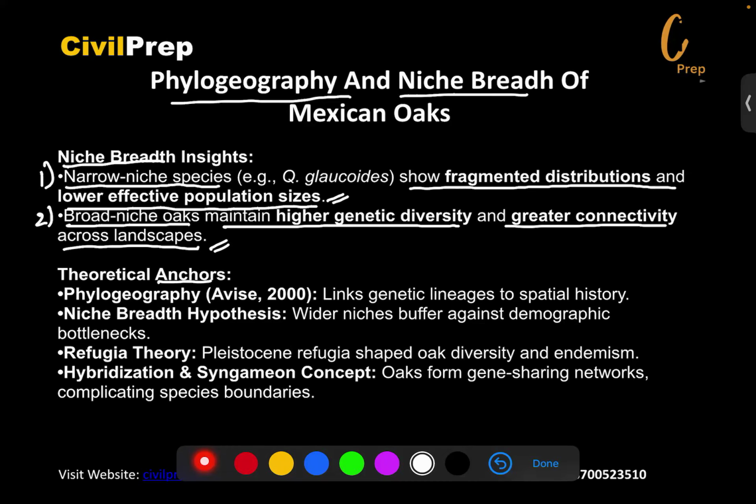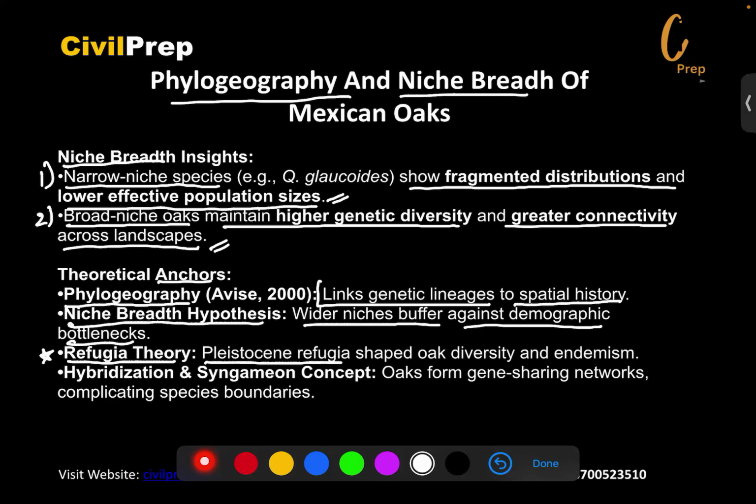Certain theoretical parts here we can see, that is the phylogeography, which is linking the genetic lineages to the spatial history. Then niche breadth hypothesis, giving us a wider niche buffer against the demographic bottlenecks. Then refugia theory. This is an important theory, which is quite important for us to take note of.